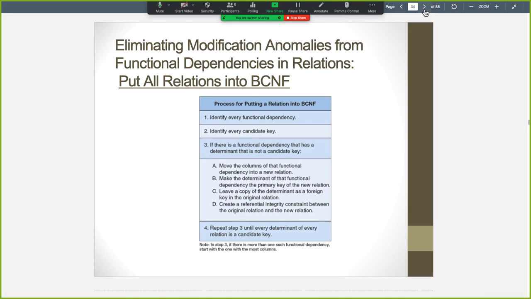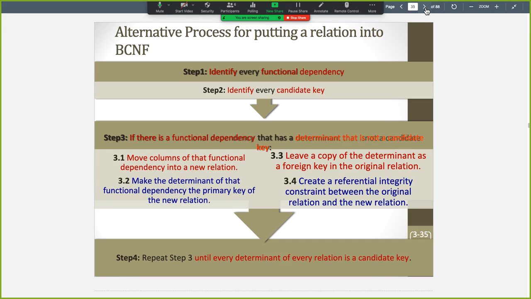And we can probably take a look at one. This is a slide using another method called the alternative, go straight to BCNF method. Your textbook calls this the go straight to BCNF method of normalization.